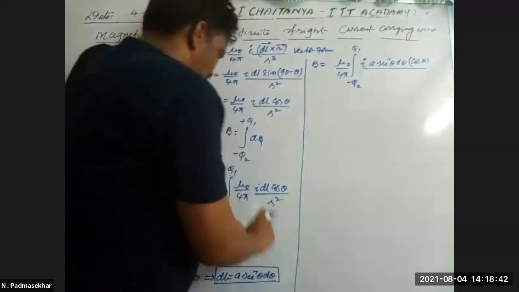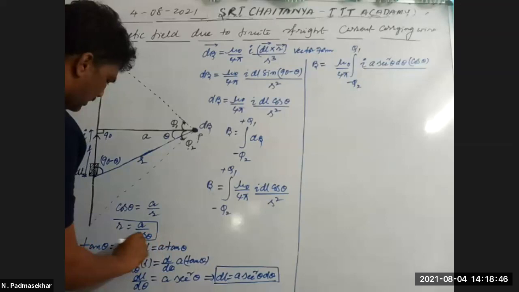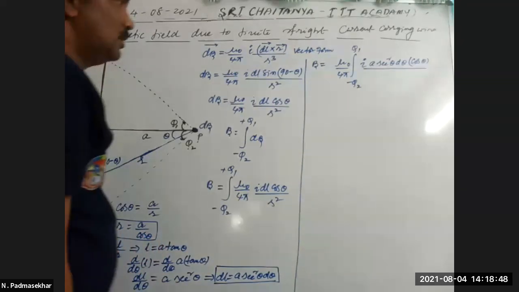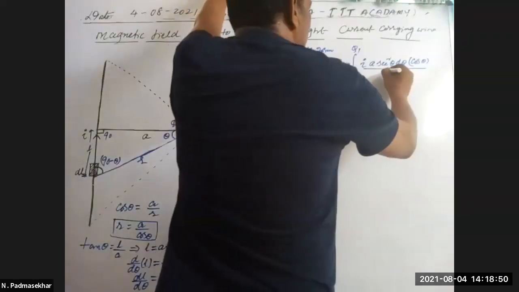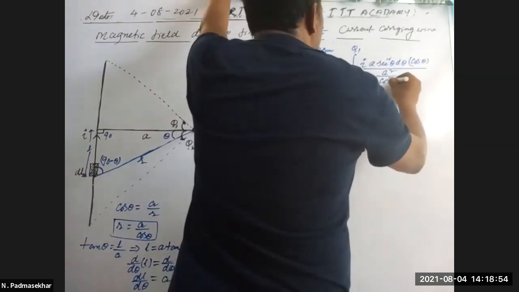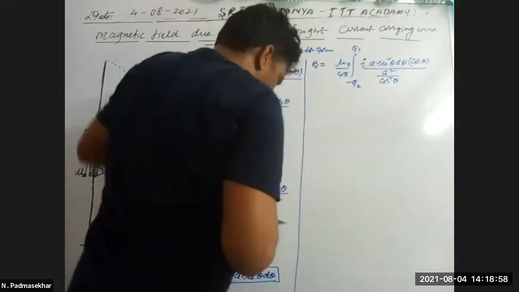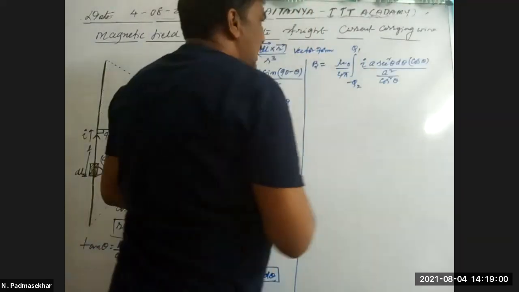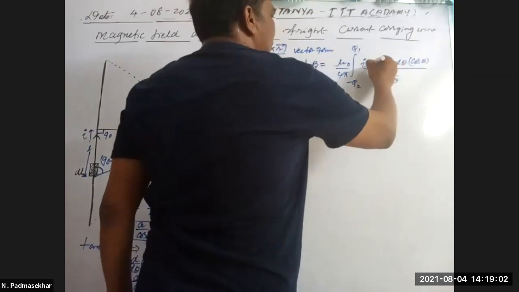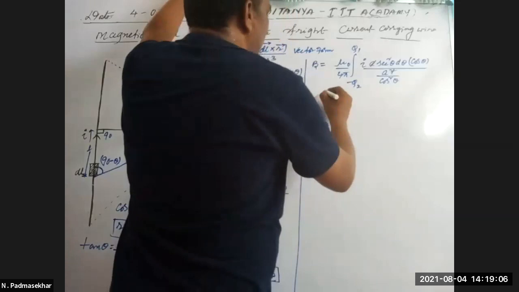R is equal to A by cos theta here, so r square is A square by cos square theta. So the square and A are cancelled here. So after cancelling, what is left?